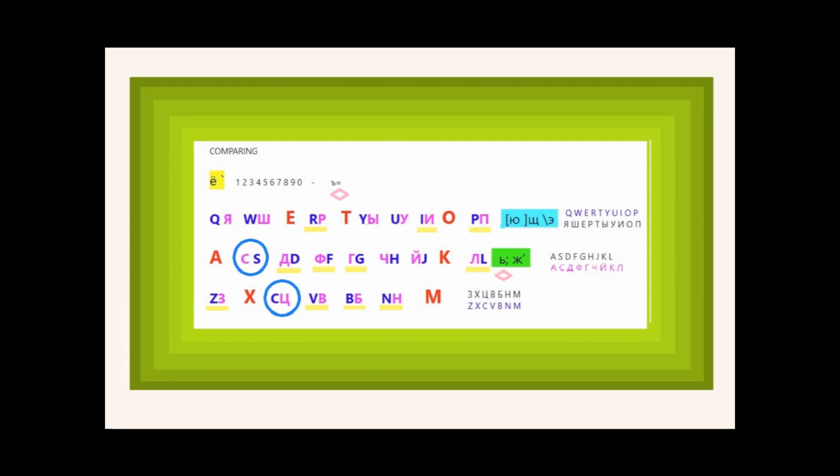Letter Ц, like in цвет, color, цветы, flowers, Ц. We have this sound in English. We don't have a special letter for that. In English, we will say pizza, which is borrowed from Italian, and plaza, borrowed from the Spanish word plaza. So we have the sound in English, but we don't have a special letter for that. In Russian, we do have a special letter for that, which is in the third row, where Latin letter C is, A, B, C, C is Russian Ц.